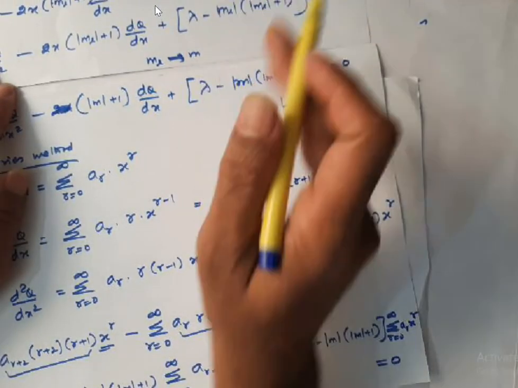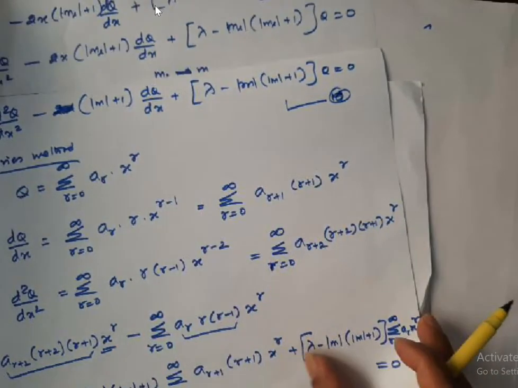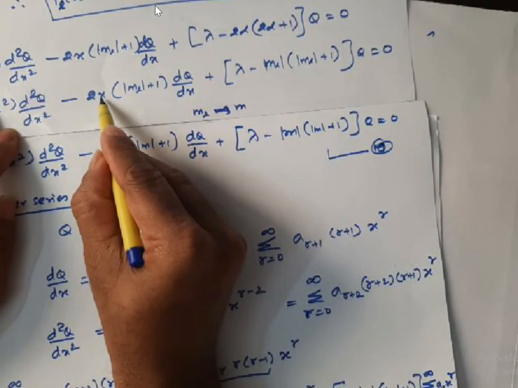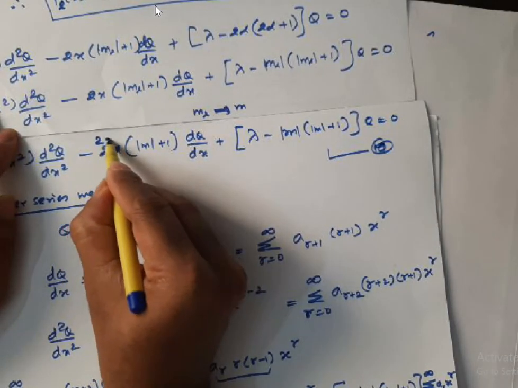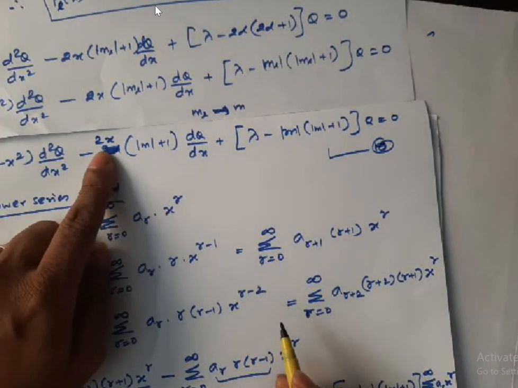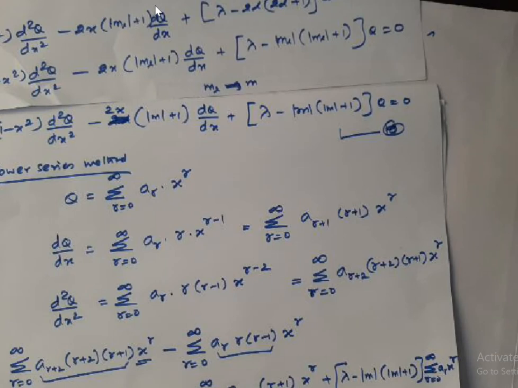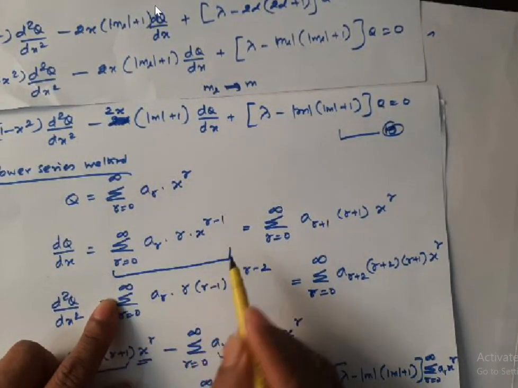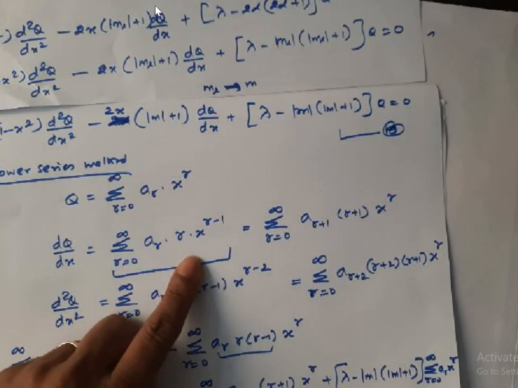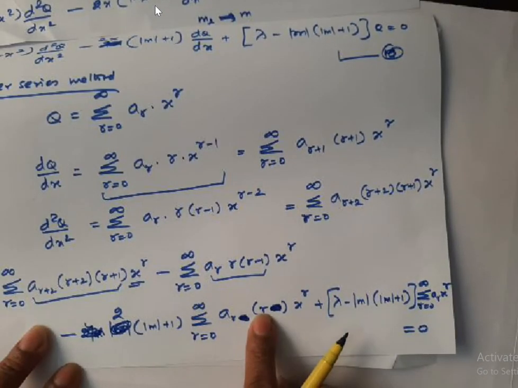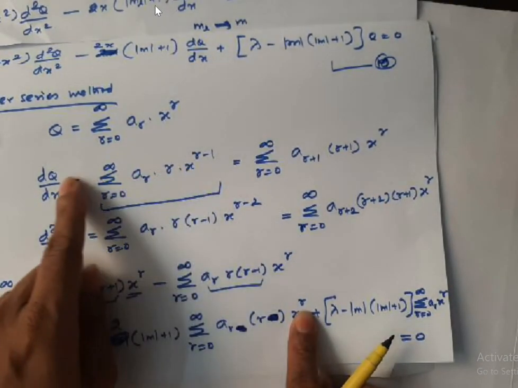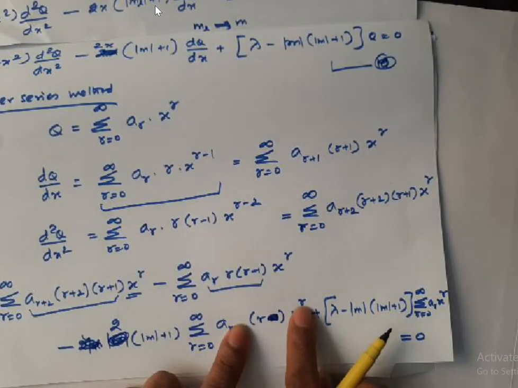I'm sorry. See here, while writing this term, by mistake I wrote this as alpha. This is actually minus 2x, so I should keep the 2 as such. If I multiply by x, for multiplying x I'll take this term, so I'll get a r into r, x into x power r minus 1 becomes x power r.